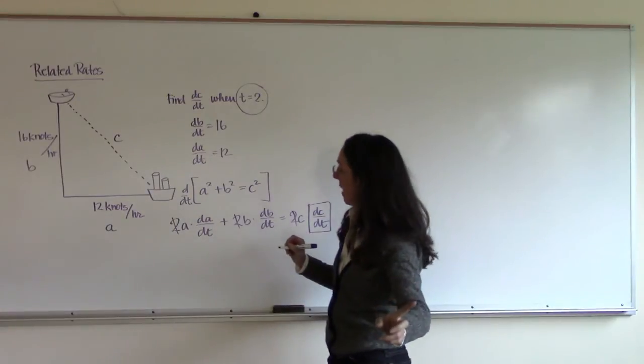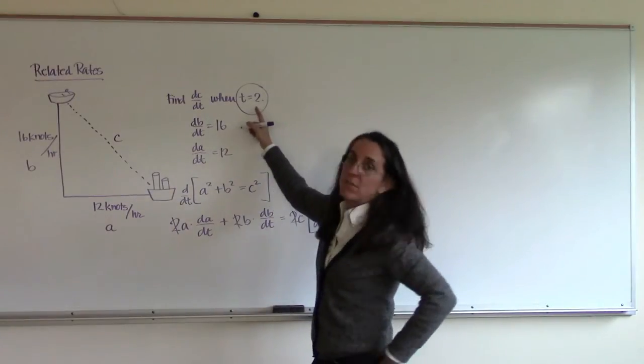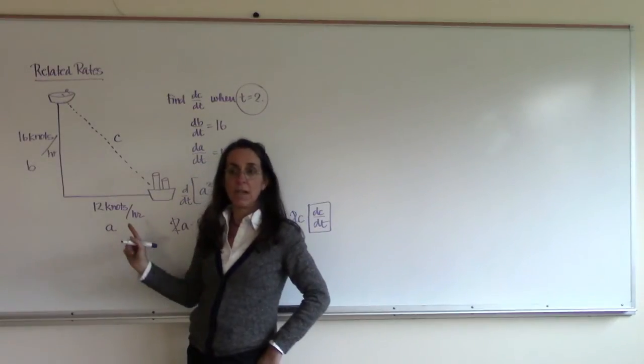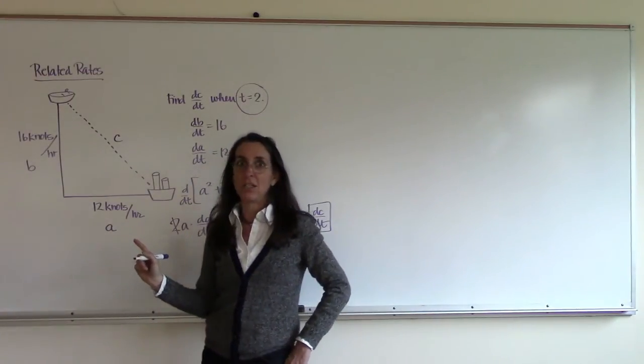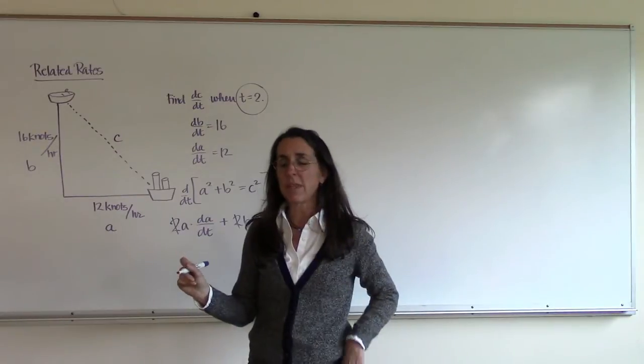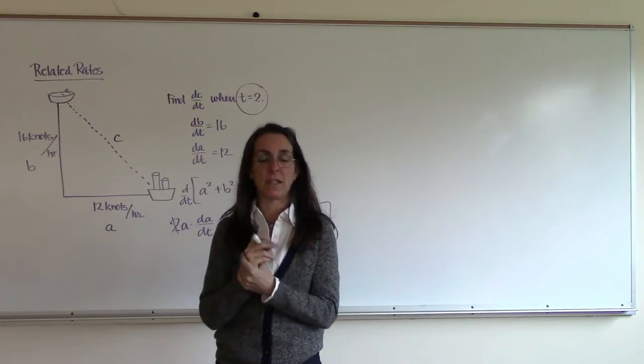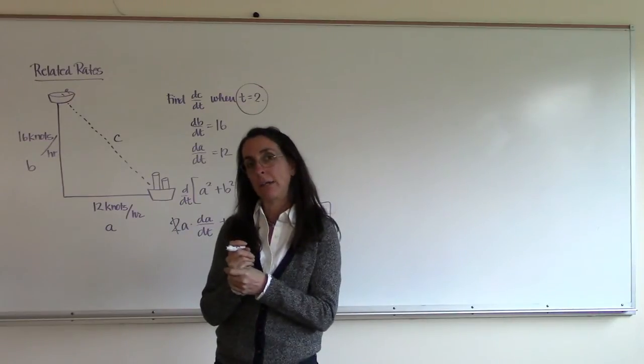But it's not too bad because listen, after 2 hours, if this boat is going 12 knots an hour, after 2 hours, it's gone 24 knots, right? A knot is a nautical mile, so you can just think of it as a mile.